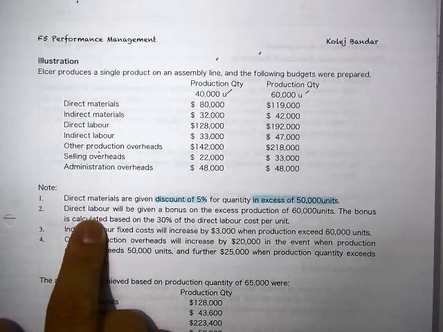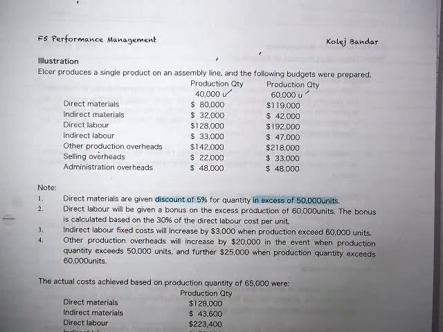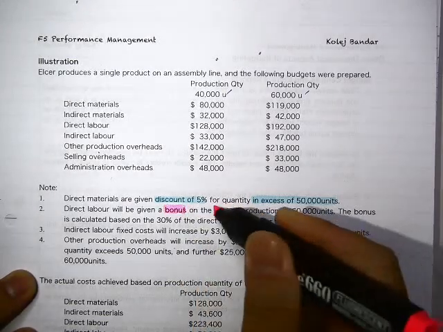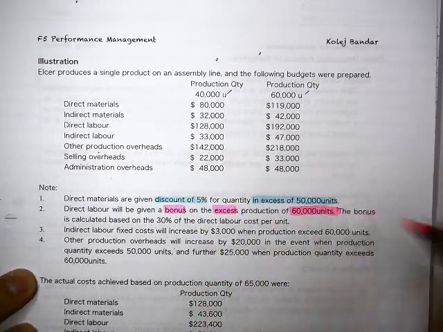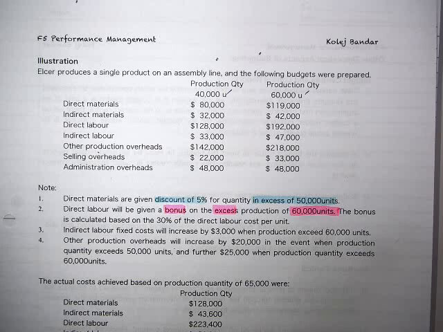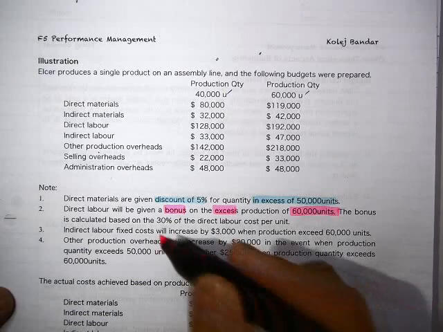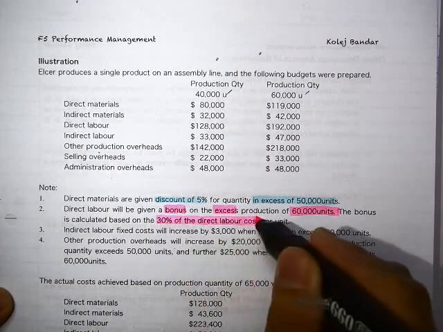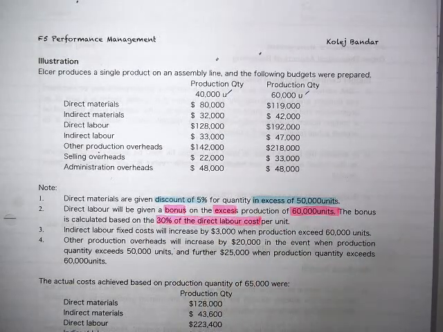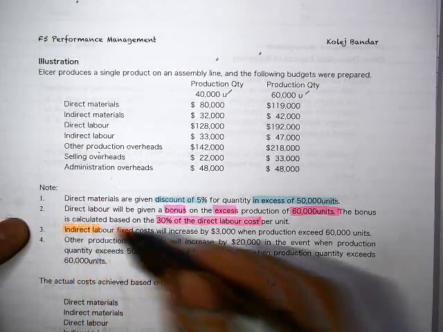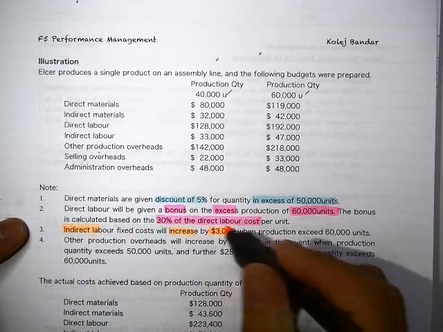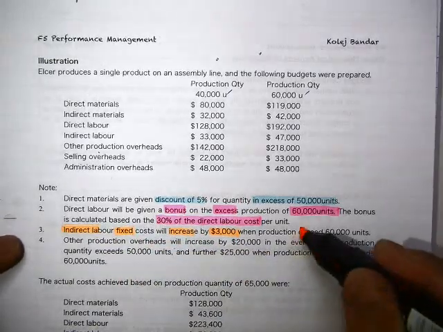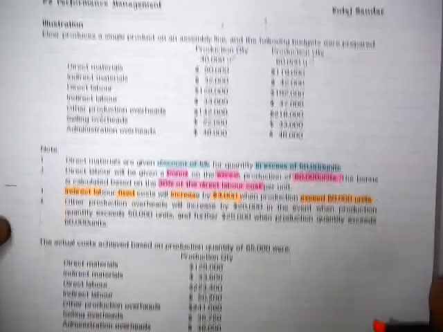Now, direct labor will be given a bonus if it's in excess of 60,000. Only after you exceed 60,000 do you get a bonus, and the bonus is based on 30% of the direct labor cost per unit. Then indirect labor will increase by 3,000 when they exceed 60,000.